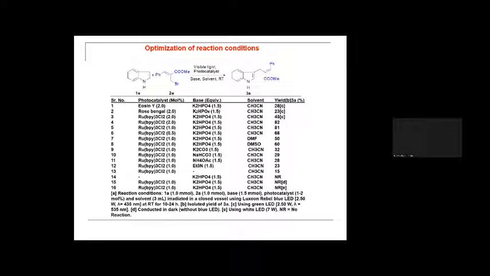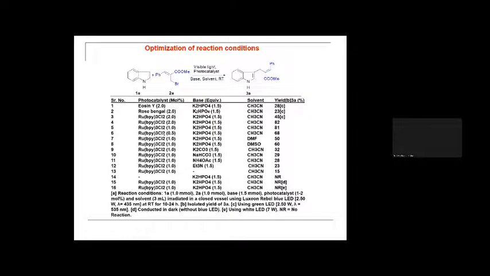First of all, using Eosin Y and potassium hydrogen phosphate in acetonitrile, stirred for 10 hours, a low yield of the product was obtained. Next, we moved to another photocatalyst, rose bengal, with potassium hydrogen phosphate in acetonitrile solvent, and a further decrease in yield was observed.